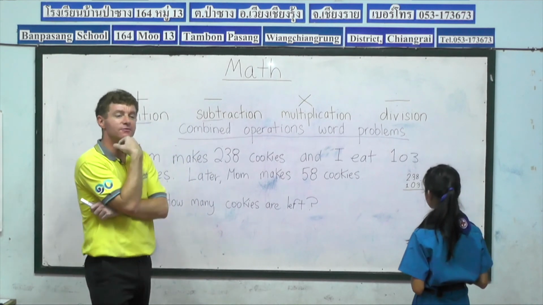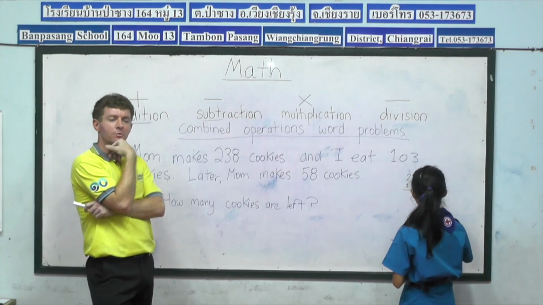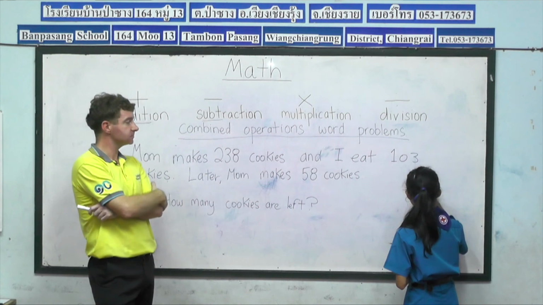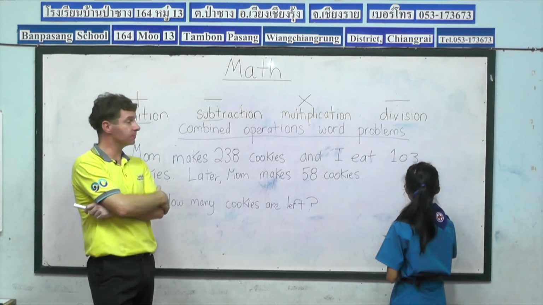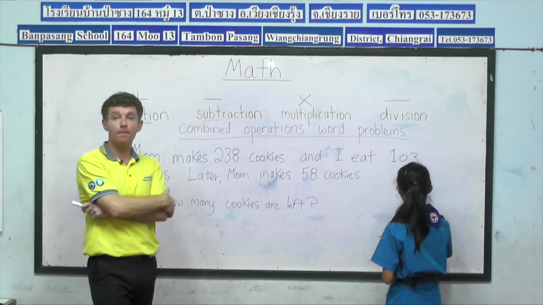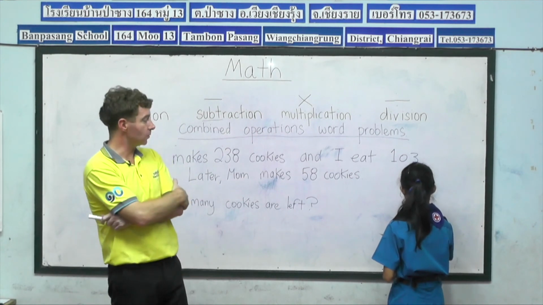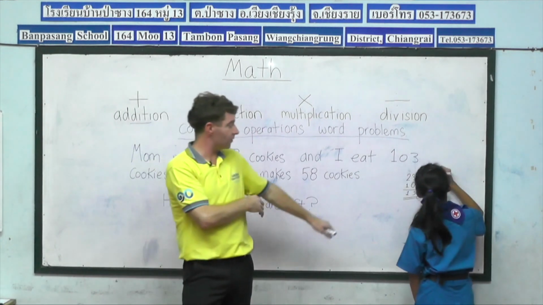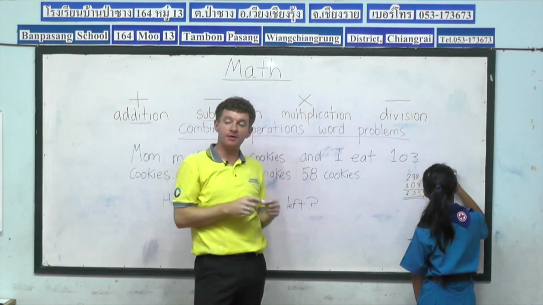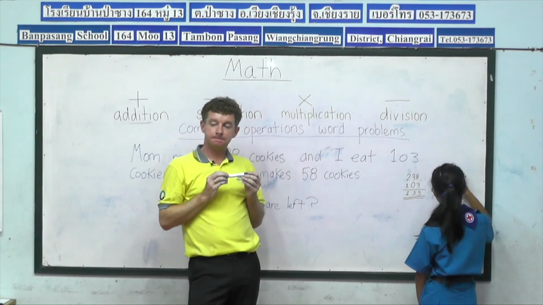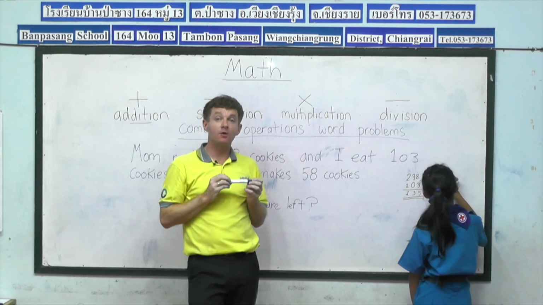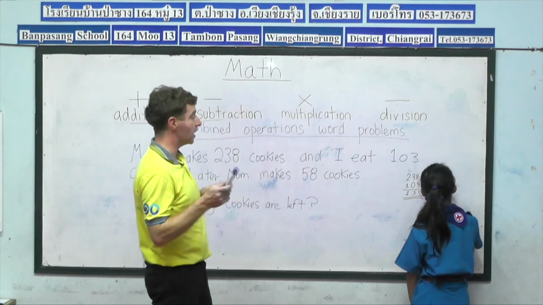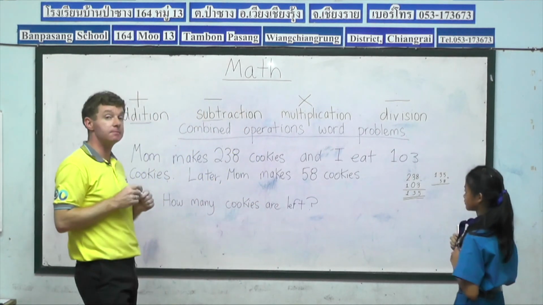So 8 minus 3. What do we think? 5. Yes. 3 minus 0 is 3. 2 minus 1 equals 1. Okay. So our answer so far, after Dan has eaten his cookies, is how many? 135. But now Dan's mum makes 58 more cookies.